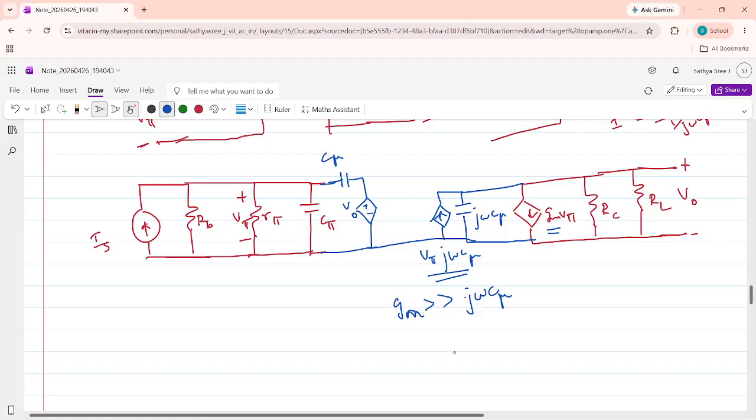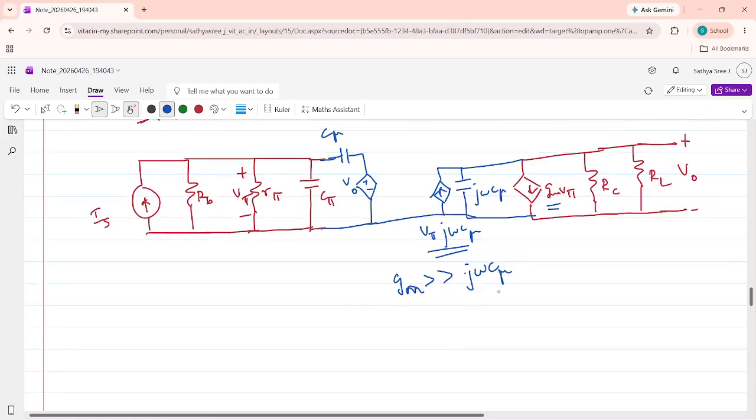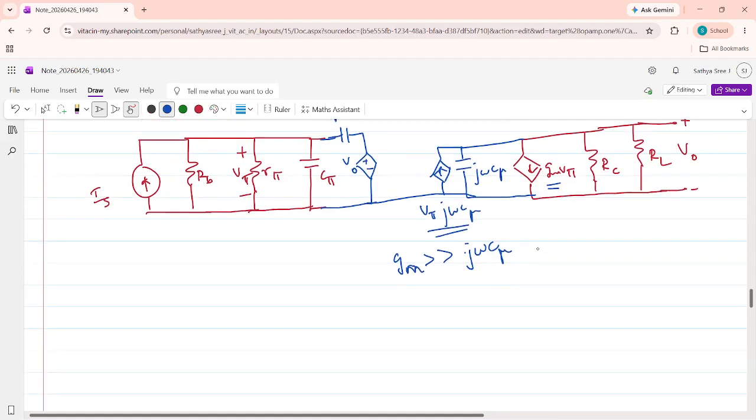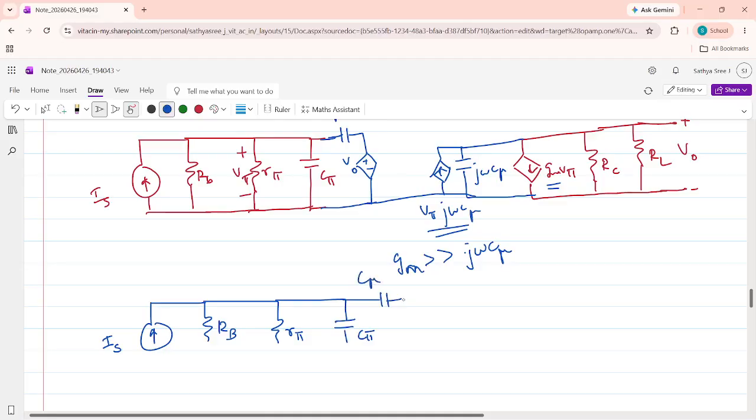By applying this, you can redraw the entire circuit: there is IS, RB, R pi, C pi, and here C mu, V naught on the input side.